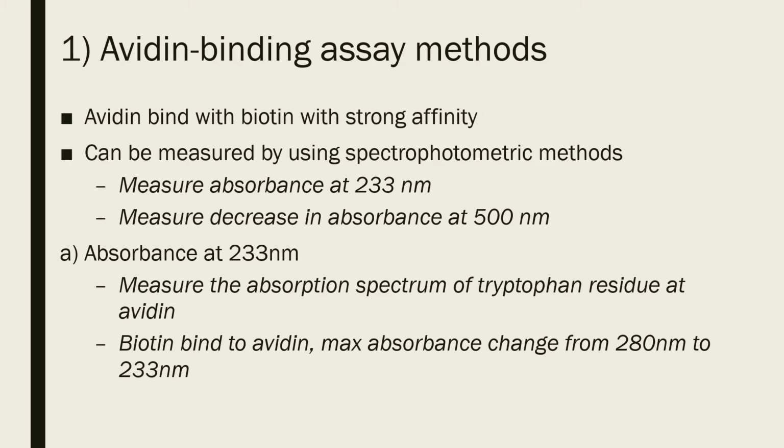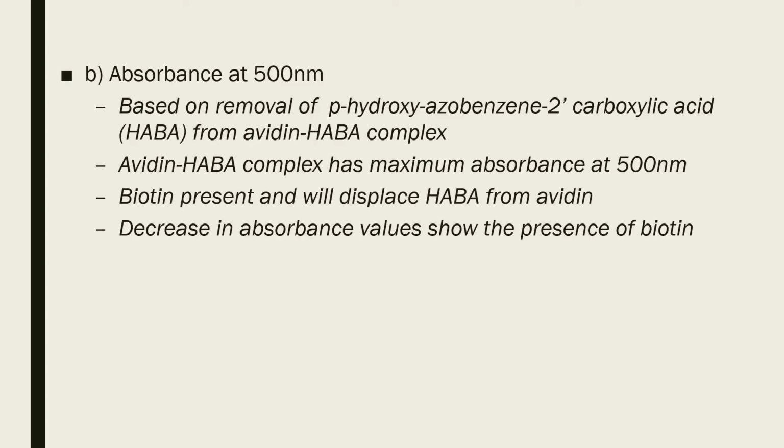For measuring the absorbance at 233 nanometer, it measures the absorption spectrum of tryptophan residue at avidin. When biotin binds to avidin, the max absorbance changes from 280 nanometer to 233 nanometer. For measuring the decrease in absorbance at 500 nanometer, it used the concept of removal of p-hydroxyazobenzene 2-carboxylic acid or HABA from avidin HABA complex.